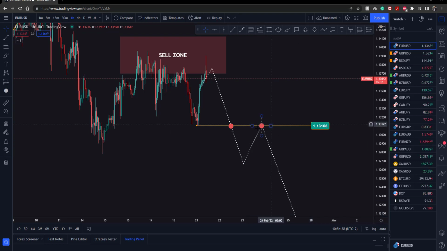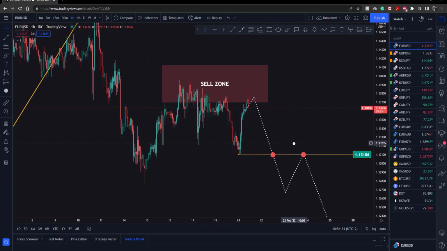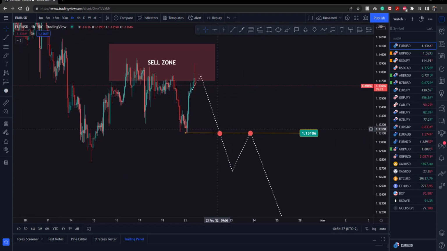And this is where I'm gonna be looking for entry on the retest of that level. Obviously, like I said, there's a couple of entry options, one on the breakout straight away, and the second one would be on the retest of that level.